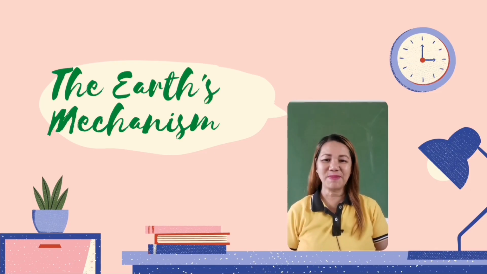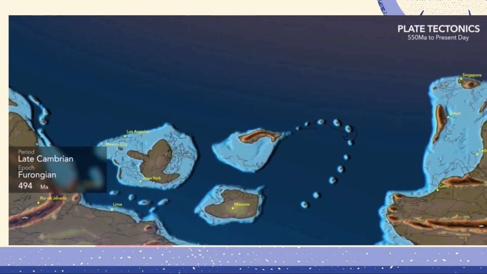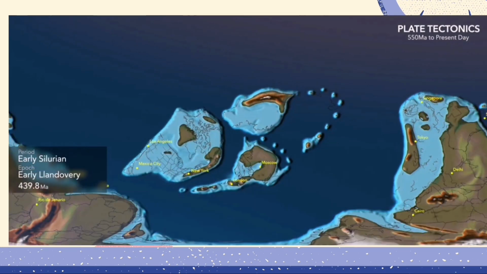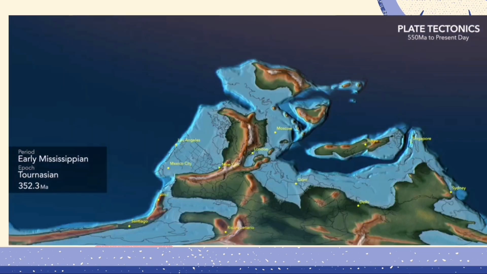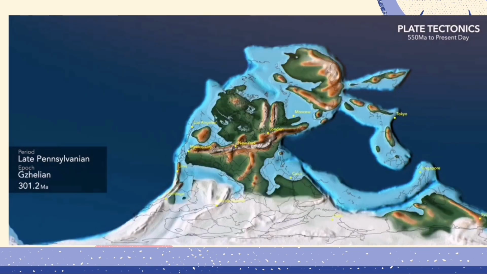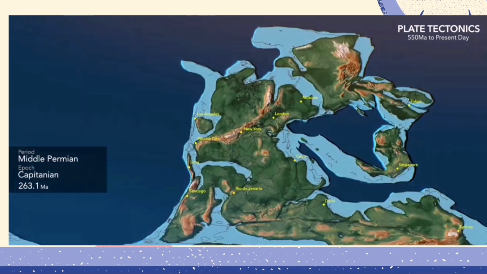Now let us begin our exploration about the Earth's mechanism. Can you recall the plate tectonics theory? This theory is the modern version of the continental drift theory proposed by Alfred Wegener in 1912.